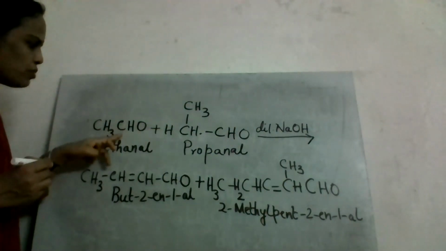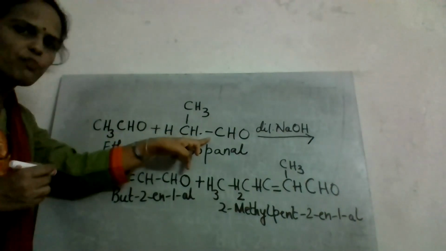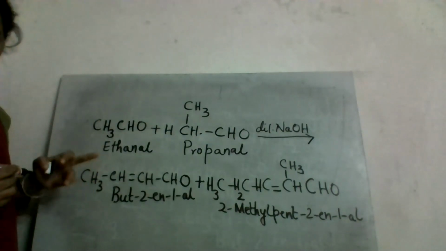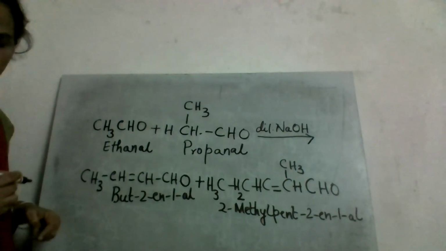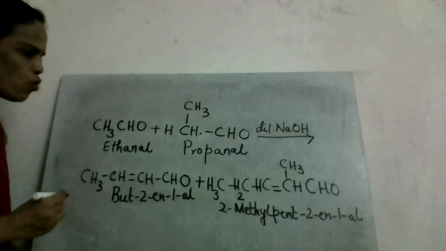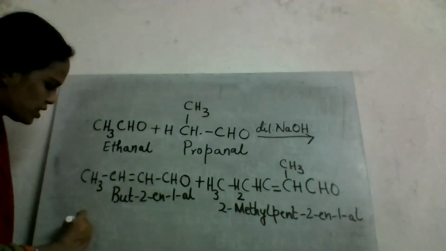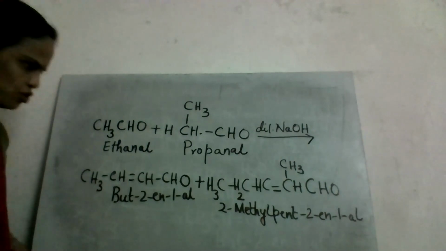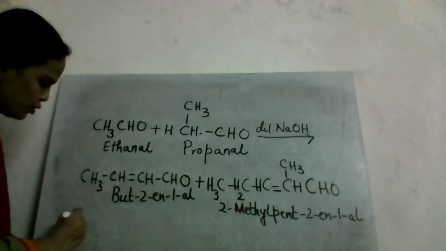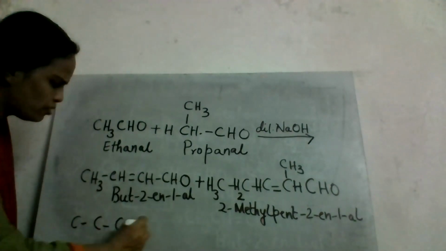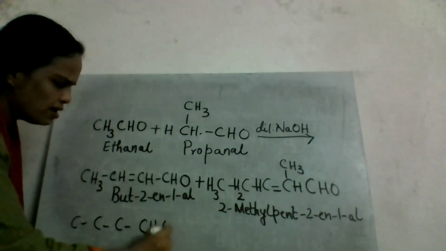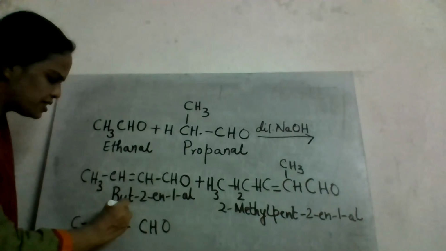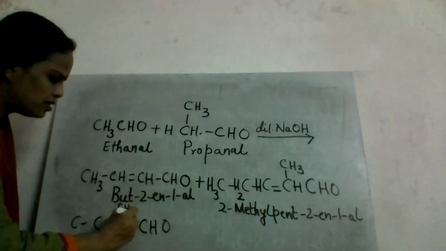The third product will be formed when ethanol and propanol react with one another. I'll write just the name of the compound. It is 2-methyl-but-2-ene-1-al. Let me draw the structure. 2-methyl-but-2-ene, 1, 2, 3, 4. 1-al, it is CHO. 2-methyl is the methyl group present here, CH3.